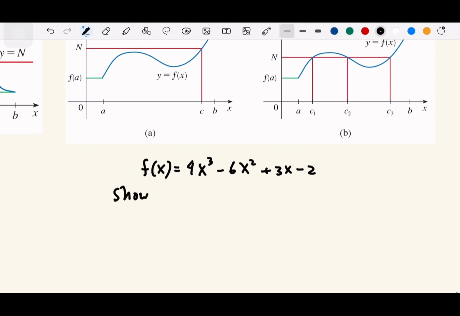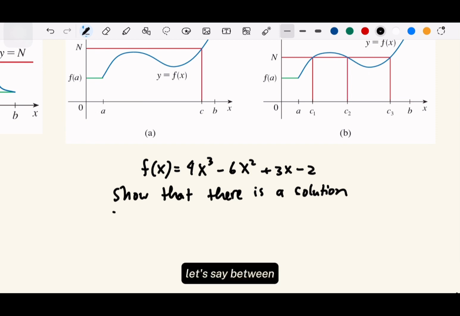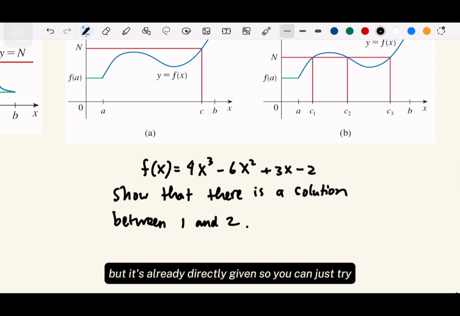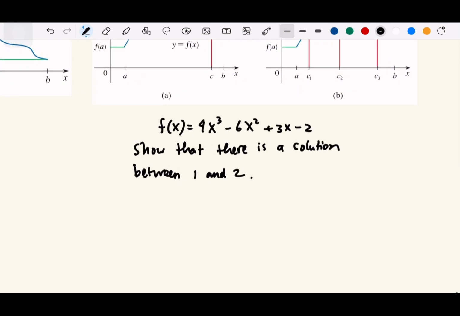Show that there is a solution, let's say between 1 and 2. Well, it's already directly given, so you can just try.